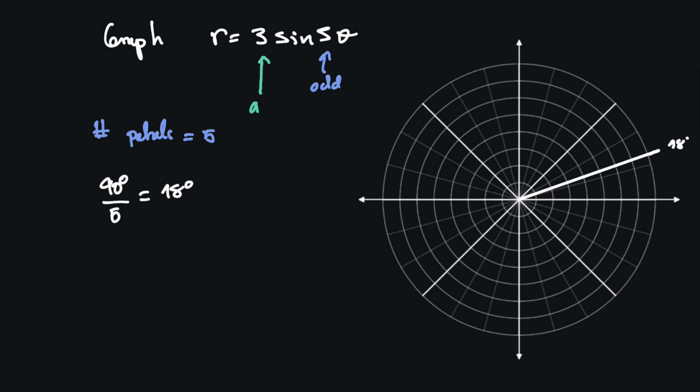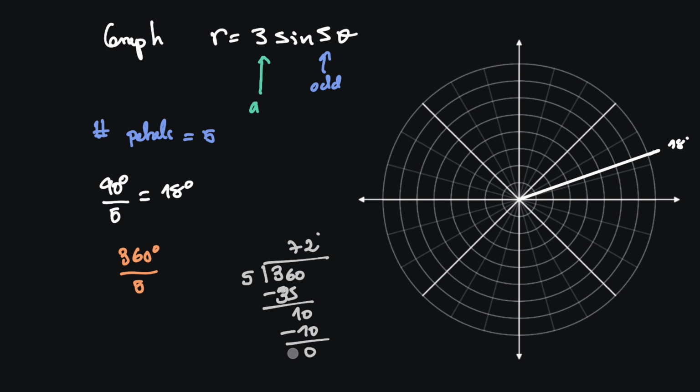All right, so we know that we need to space out 5 leaves. So we're going to take 360 degrees. We're going to divide it by 5. So 360 divided by 5 is going to be 72 degrees, right?